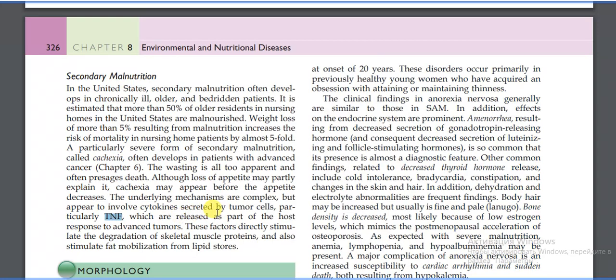So TNF is present in the blood, and this TNF affects the activity of the hypothalamus, and it decreases the appetite of these patients and causes nausea and vomiting after eating. It causes degradation of skeletal muscle and fat mobilization from lipid stores, and of course patients become much thinner, and you can notice it in patients who struggle with cancer, that they are very thin.